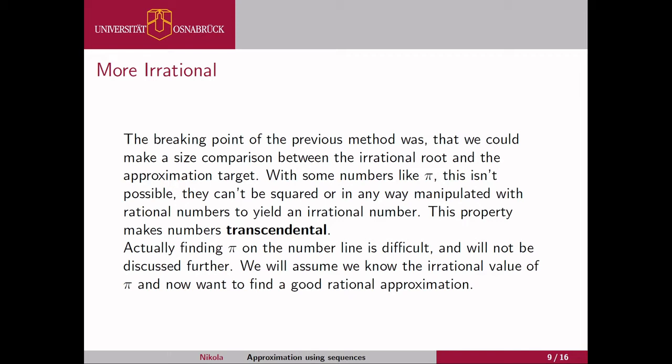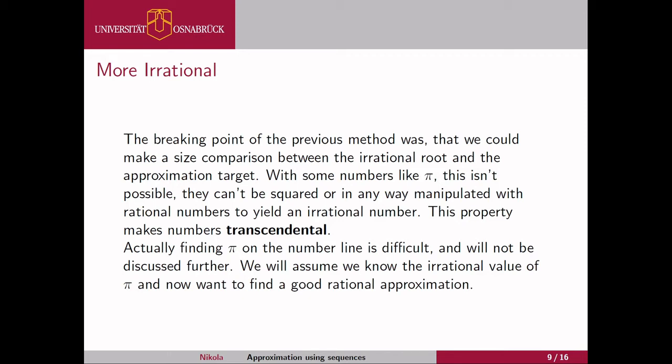This means by sheer manipulations of addition, subtraction, multiplication, taking the power of, with other rational numbers, you can't get to a rational number. It always stays irrational. And knowing this problem, we do have to somehow adapt our methods in order to overcome it.